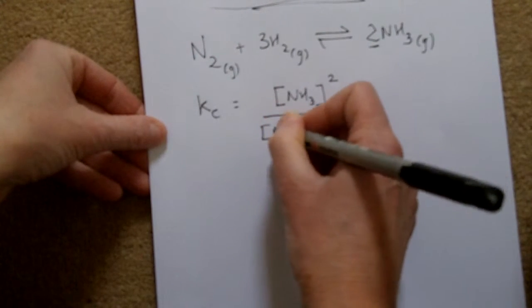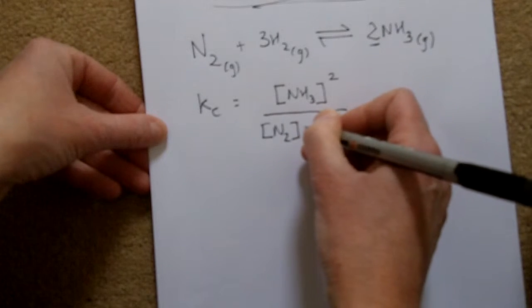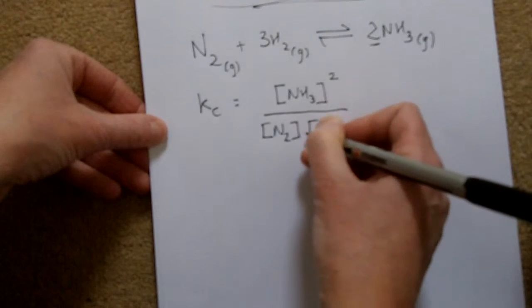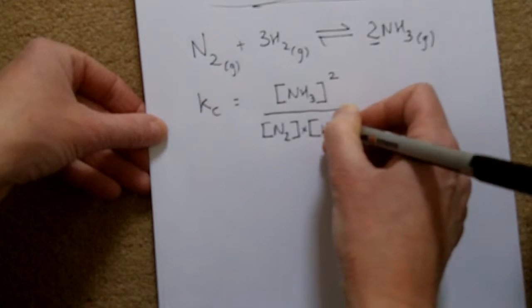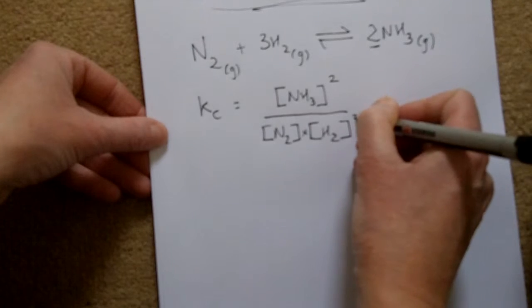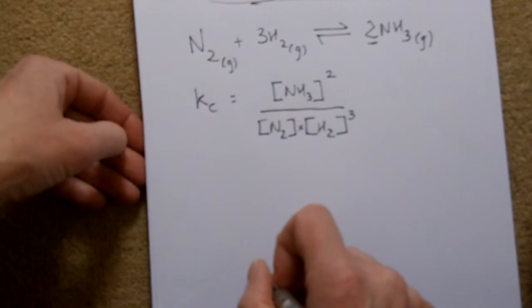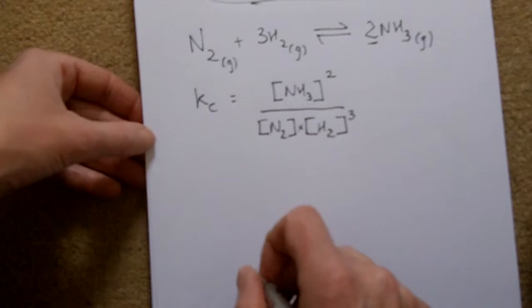Square brackets means concentration. There is a times there, we don't bother putting it in, the concentration of the reactants to the power 3, because there's a 3 there. Okay, this is the expression to represent Kc.